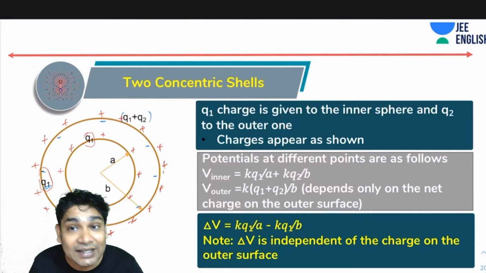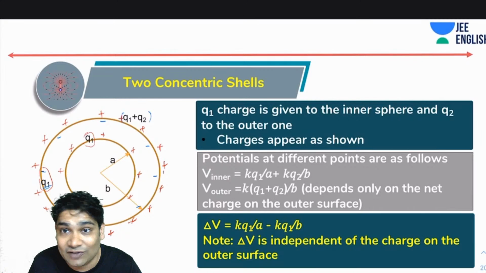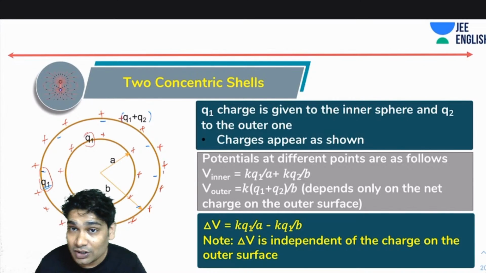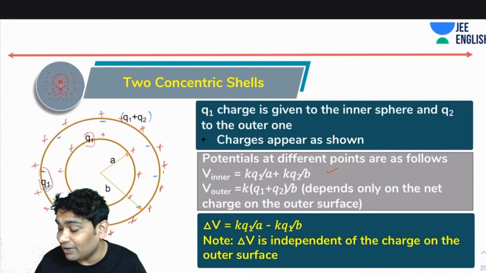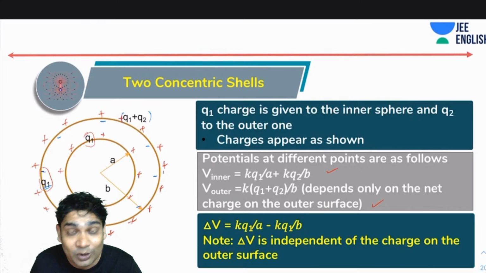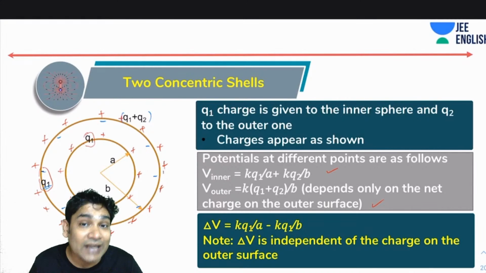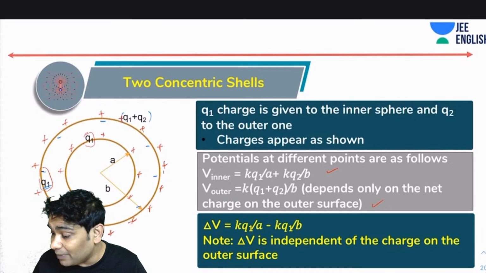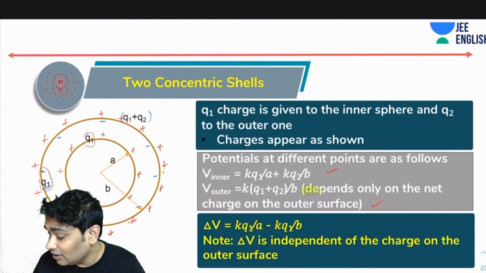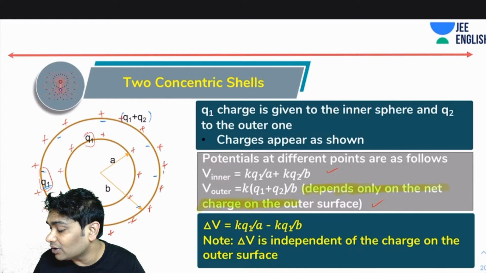Alright, the potentials at different points are as follows. This is very simple. I'm just writing the potentials due to both and adding them up. So the potential on the inner sphere would be like this and the potential on the outer sphere would be like this. Now you will notice one thing, please remember this: the potential on the outer surface depends only on the net charge on the outer surface.